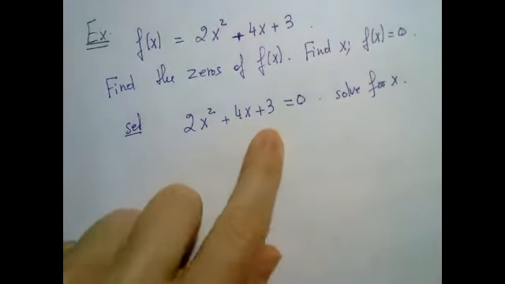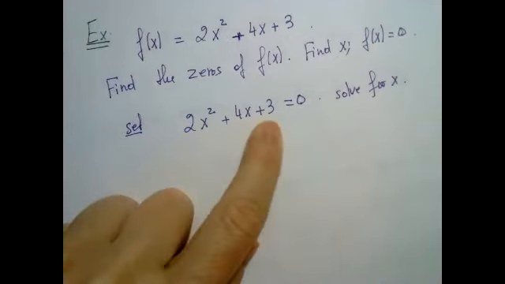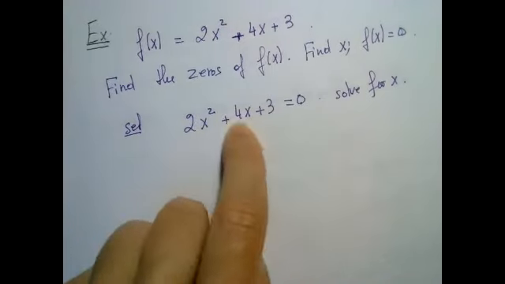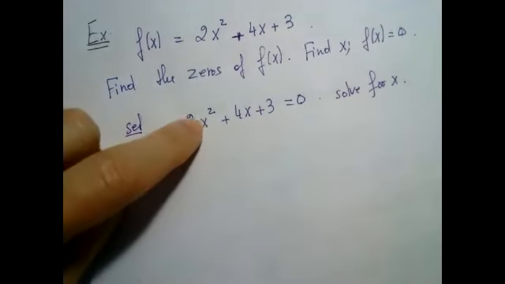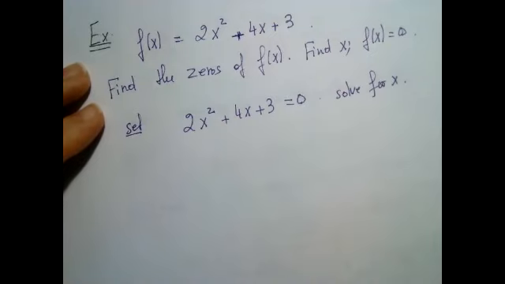So this expression is hard to factor. First, I have a 2 in here, and I have a 3. So if I want to factor it, it's going to be hard to factor. But still, there are x values that make it 0. There's something I can plug in here so that this expression is 0. So we're going to use the quadratic formula to do it.